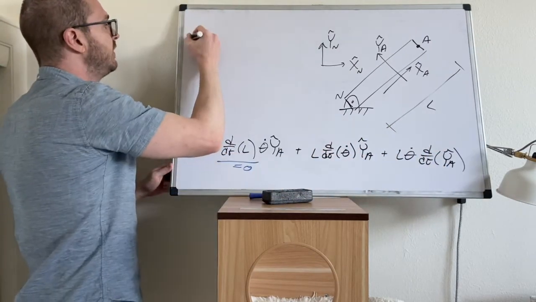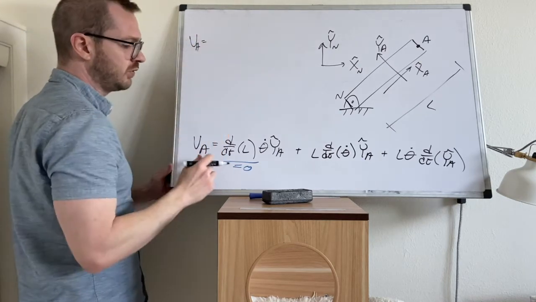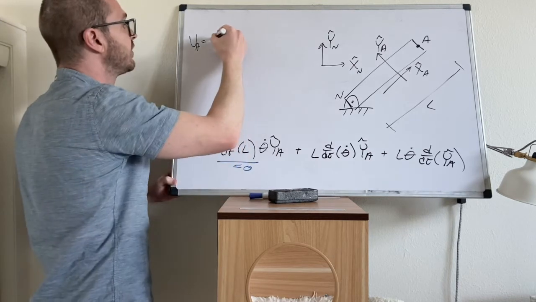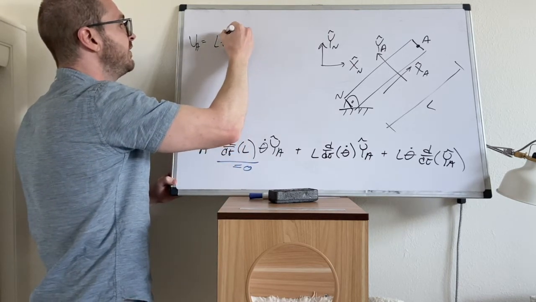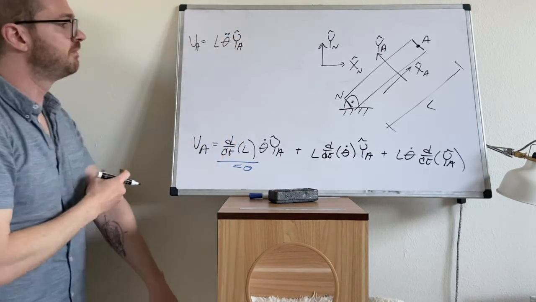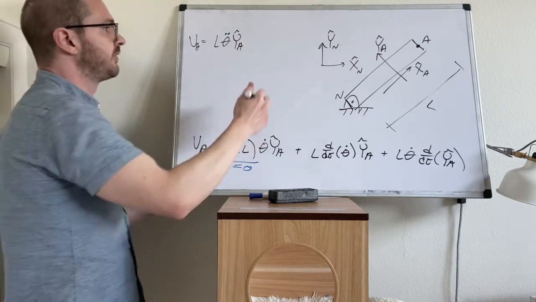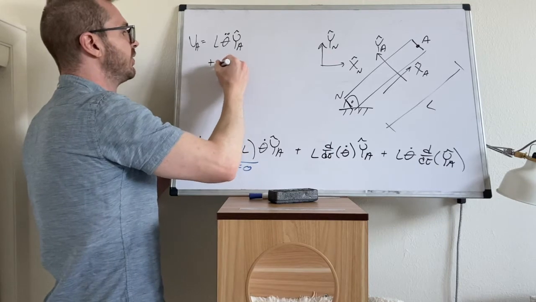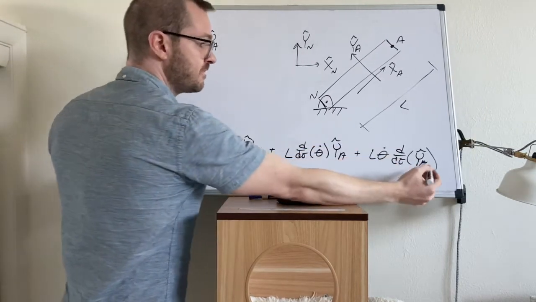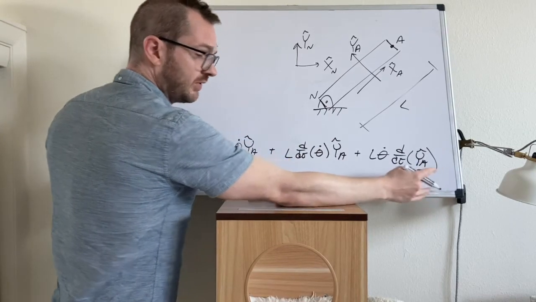So let's rewrite it. VA dot is going to equal, this first term is gone, this second term is just ddt of the scalar, so L theta double dot y hat A. And then the last term, we're going to do transport theorem, so plus. Now, remember when we do transport theorem, what frame are we taking the derivative of?